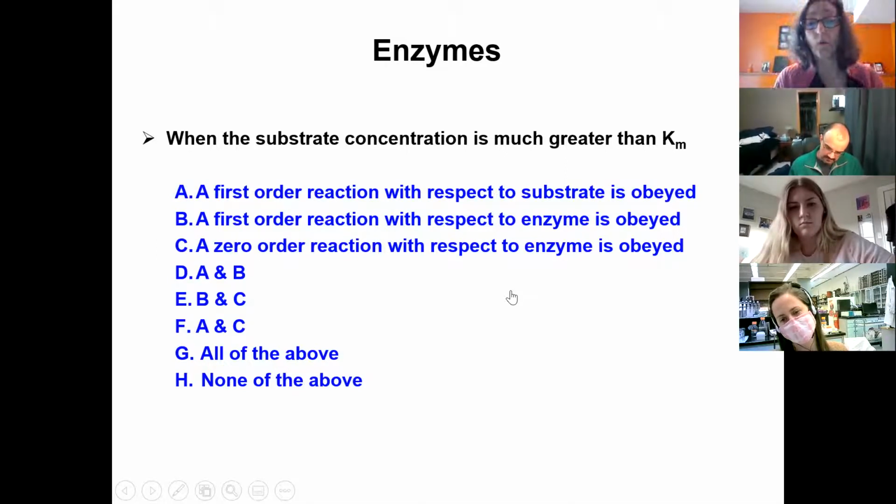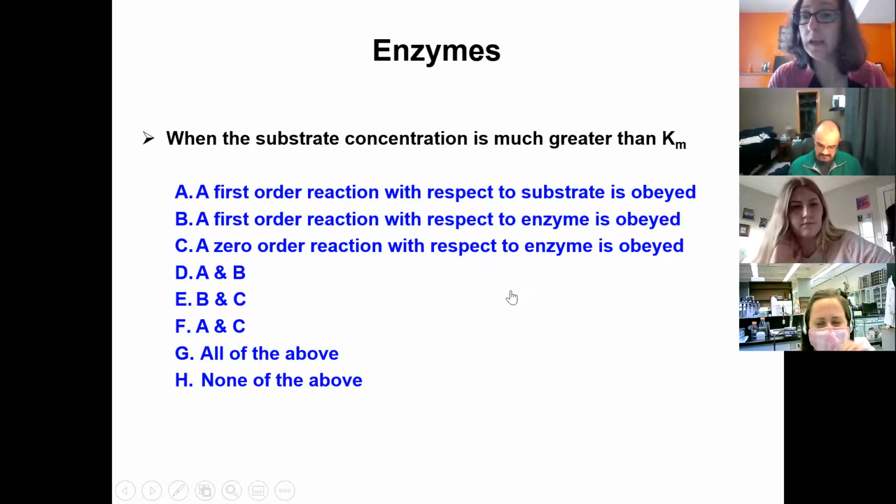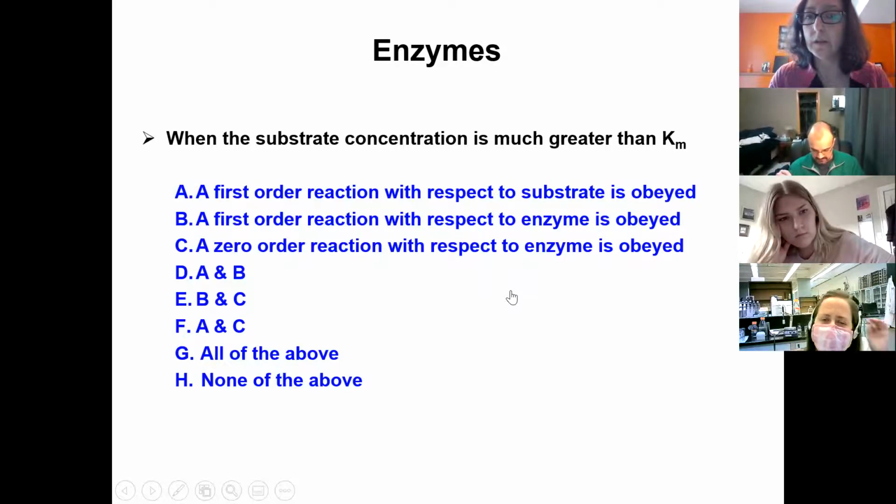And zero order reaction means it's not impacted. The reaction rate is not impacted by the enzyme concentration. So when we have very high substrate concentration, what do you think the rate of the reaction is impacted by?